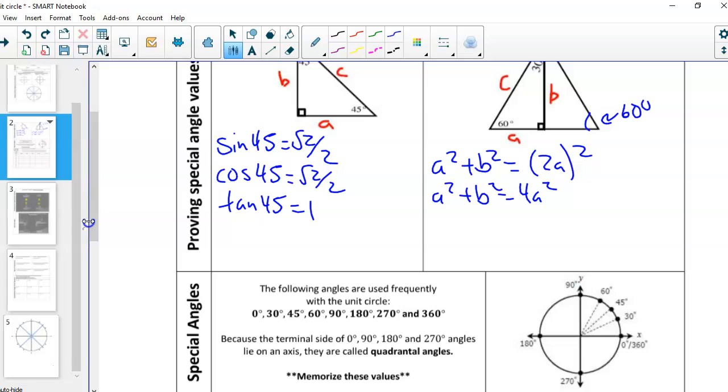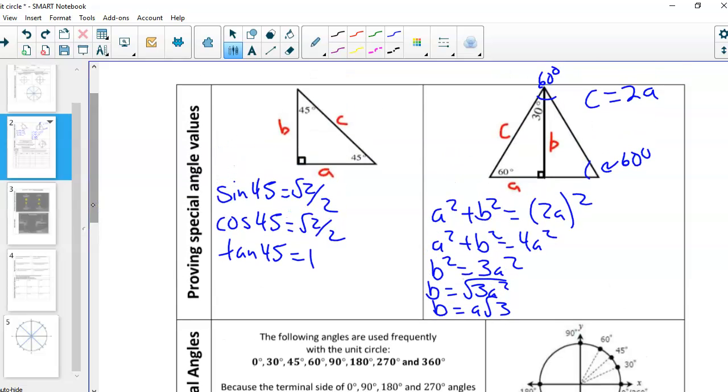And I can combine my a's. And then if we're solving for b, how would we do that? Take the square root of both sides, so that would leave b equals the square root of all of this. Simplifying that, the a would come out. So a times the square root of 3. We're going to come back to that. We're going to use that here in a second.